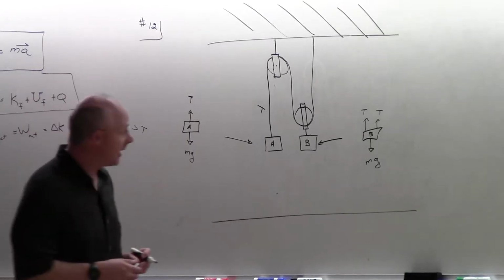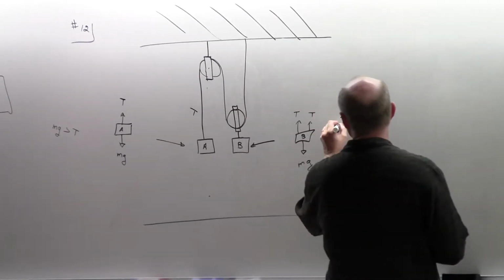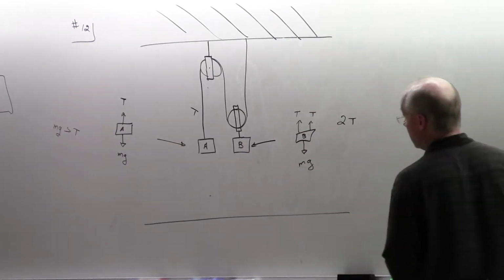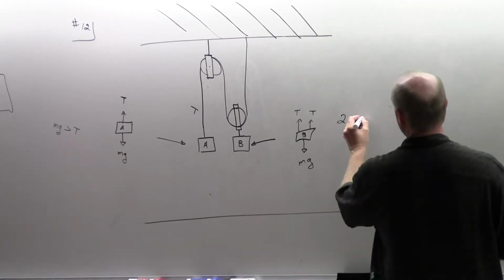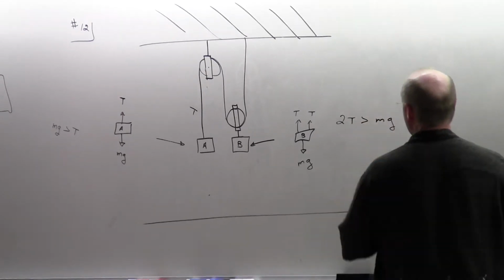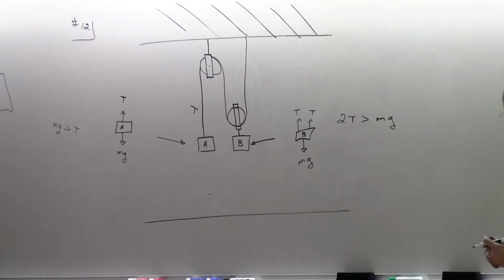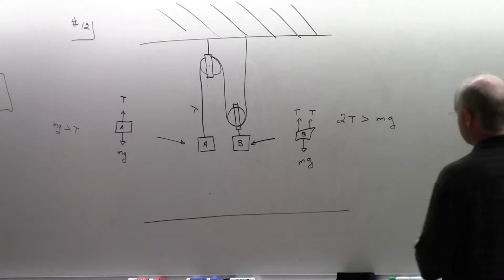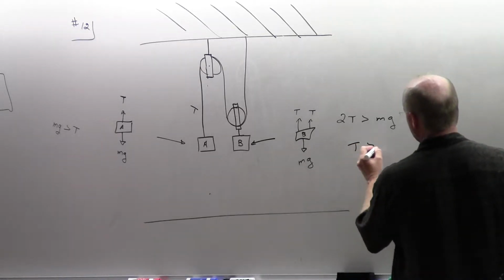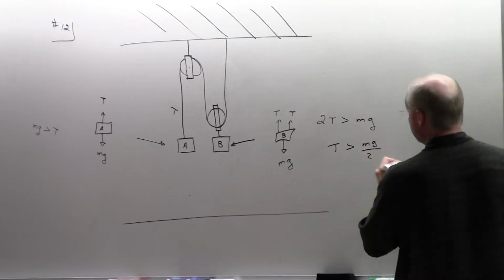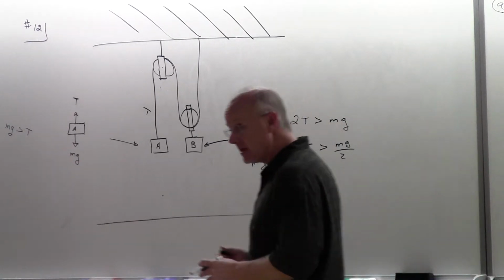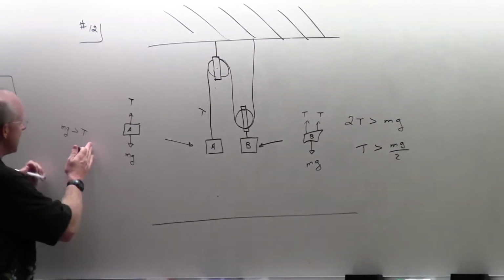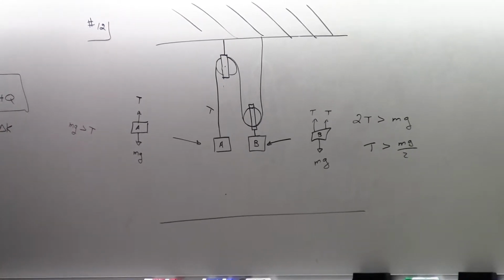But then likewise, 2T is greater than mg, right? And so it gives me a little bit of information about tension. This is saying the tension is greater than half the weight. And this is saying the tension is less than the weight.